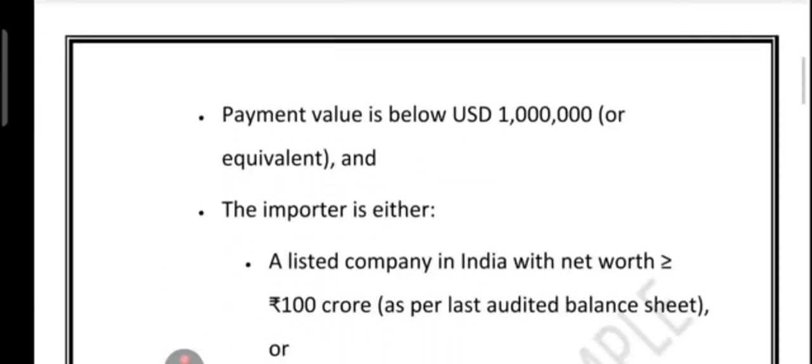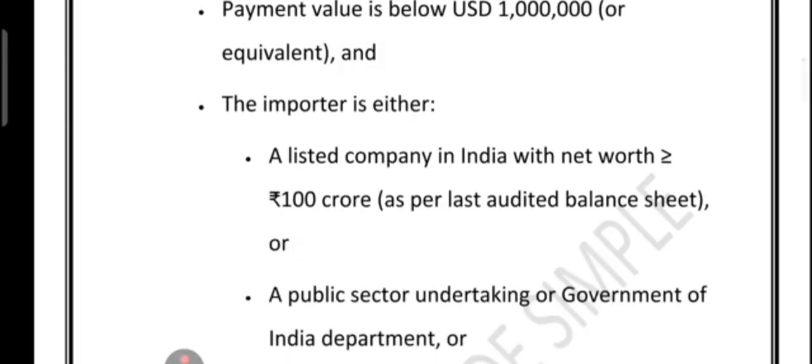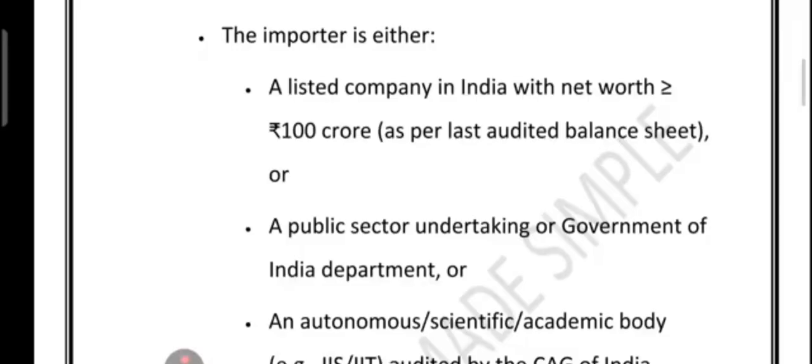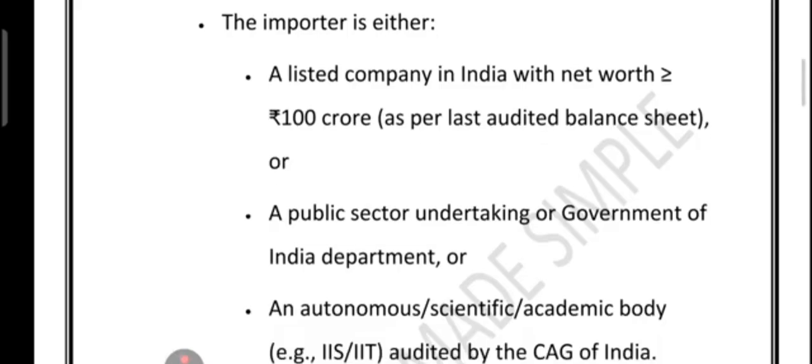But there are conditions. What are the conditions? The payment value must be less than $1 million US. And the importer must be either a listed company in India with a net worth of at least 100 crore, a public sector undertaking or a Government of India department, or an autonomous scientific or academic institution like IISc or IIT, audited by the CAG of India.